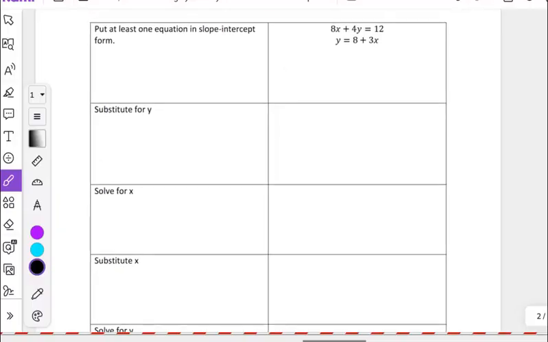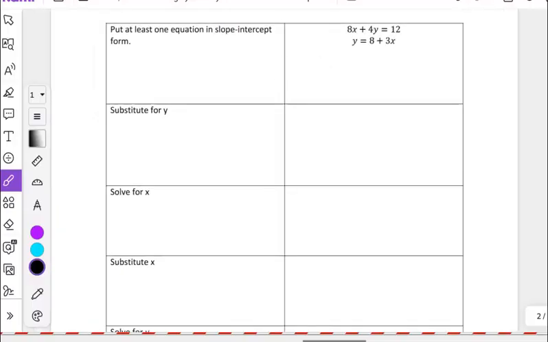All right, so the next one is when one equation is in standard form and one equation is solved for one of the variables. So this is 8x plus 4y equals 12 and y equals 8 plus 3x. So I'm going to substitute for y. I'm going to plug everything that y equals in for y of the other equation.